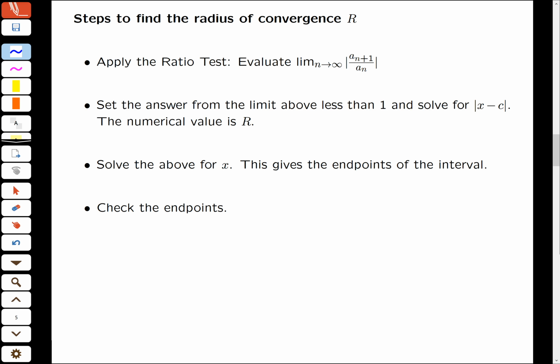That means evaluate the limit of a sub n plus 1 over a sub n, set that value smaller than 1 and solve it for |x minus c|, that numerical value is going to be r. If you want to find the interval of convergence, you solve it for x, and that gives you the endpoints. You have to check your endpoints to find your interval of convergence.